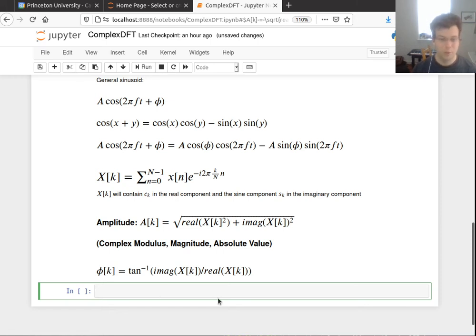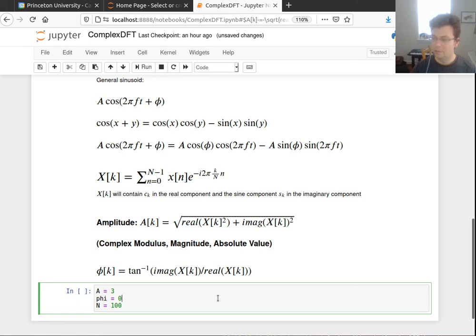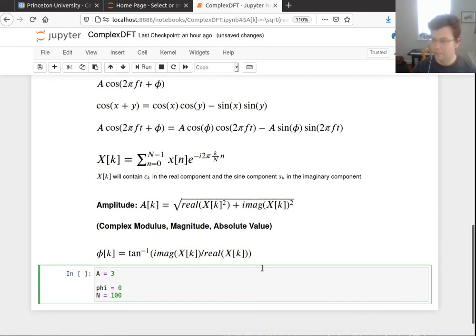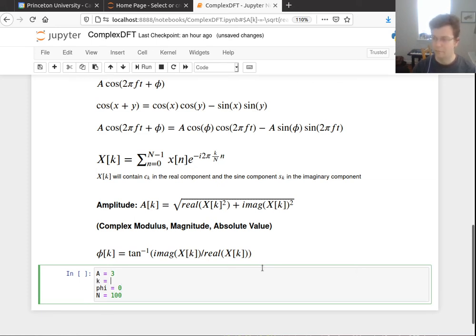So let's look at a numerical example in NumPy. Let's say I have a sinusoid, its amplitude is 3, it's got 100 samples, its phase is 0, and of course, frequency. We'll say frequency is 2.